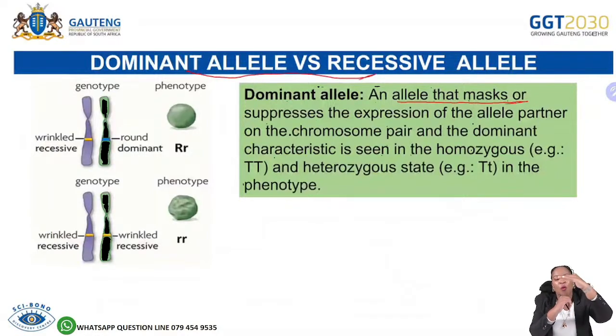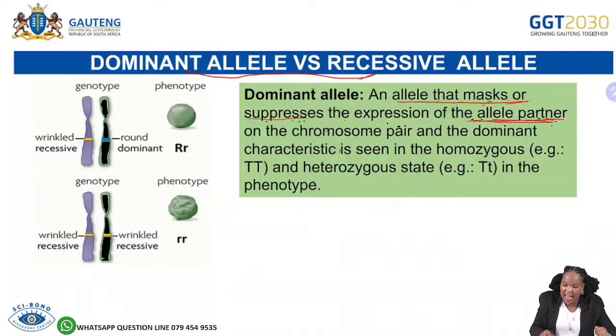So it is going to mask or suppress the expression of the allele partner. Now, I like this allele partner story because alleles work in partners. They will always work in partners because an organism will have both alleles, one from the mother, one from the father on the same gene.